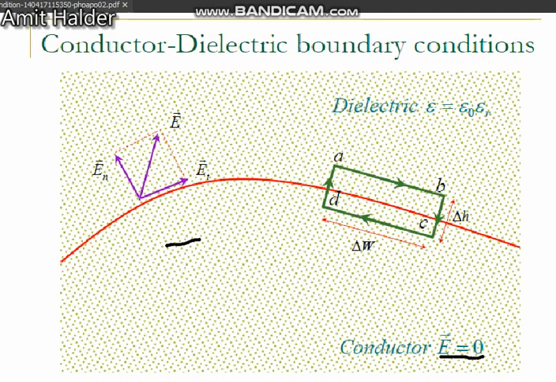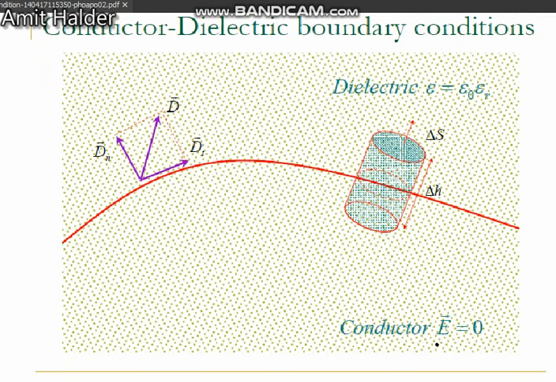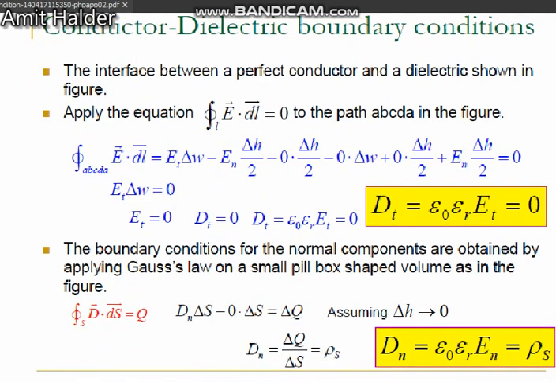The dielectric remains the same as before. The electric field of the conductor equals 0. That means on the surface, the electric field of the conductor is equal to 0. In a perfect conductor, we know the electric field is equal to 0.